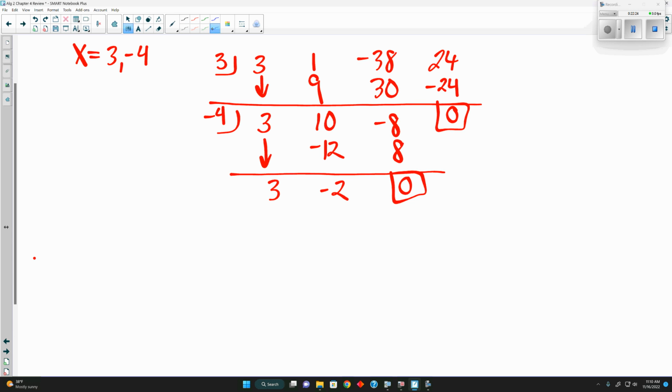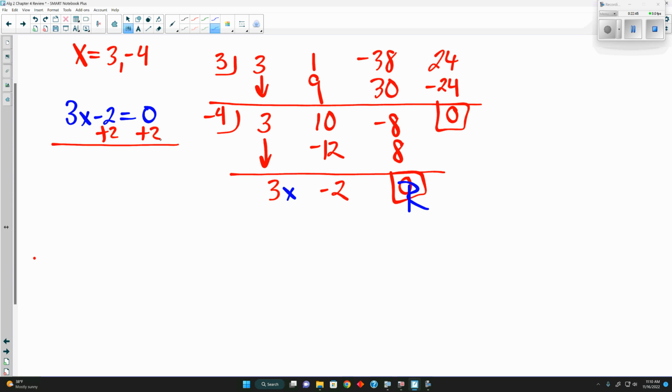Now at this point here, we can plug the variables back in. That's our remainder. Our -2 is our term without x, and 3 is our term with x. So really what that's telling us is that 3x minus 2 is equal to 0. Solve for the value of x.